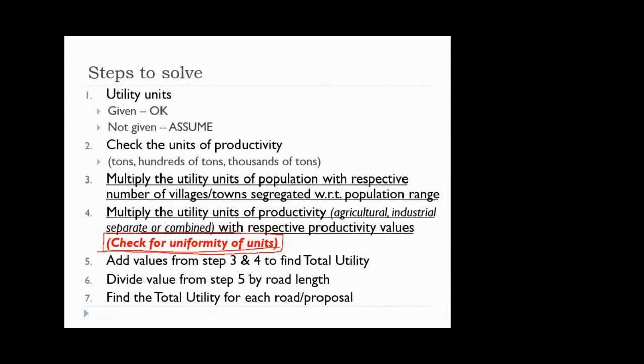They can change the units, and if you are careless about it, you will just go on multiplying and adding, and in that case you will end up with the wrong sequence of proposals. So keep in mind, this is the catch, or the variation, that you can have in the question.